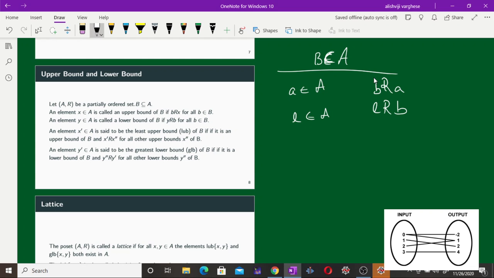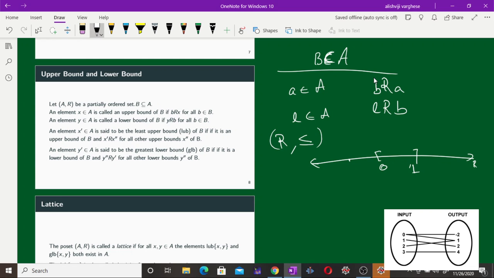If you consider a particular example, R together with less than or equal to, then consider a subset of R. R is the set of all real numbers, which can be denoted using our real number symbol. Then consider the closed interval 0 1. If we consider the lower bound, then an element L is said to be a lower bound of the interval 0 1 if L is related to all the elements within the interval 0 1.